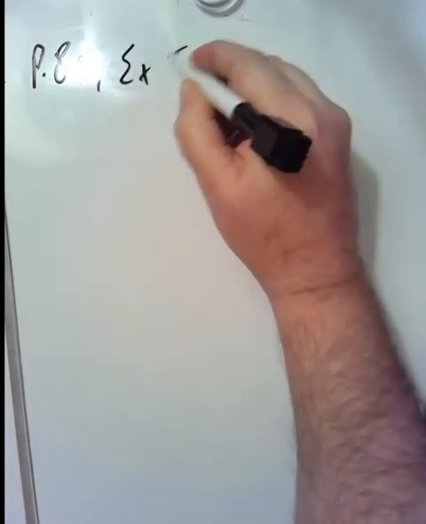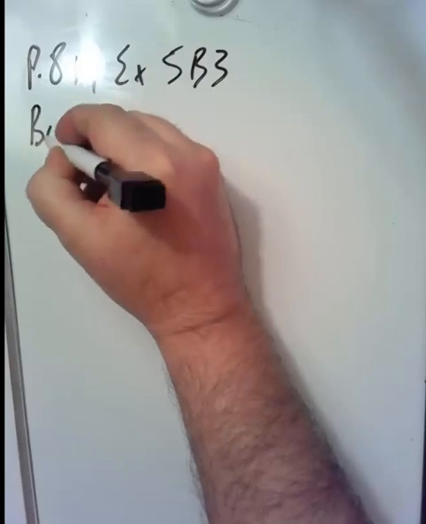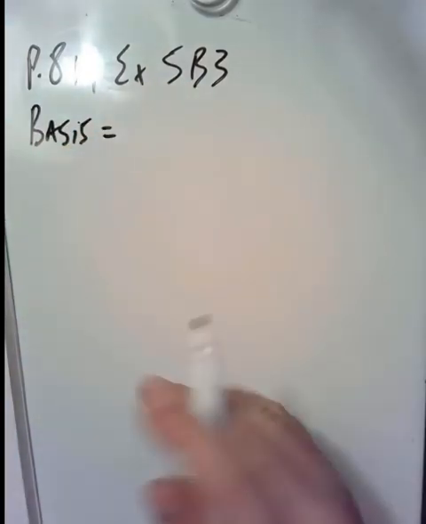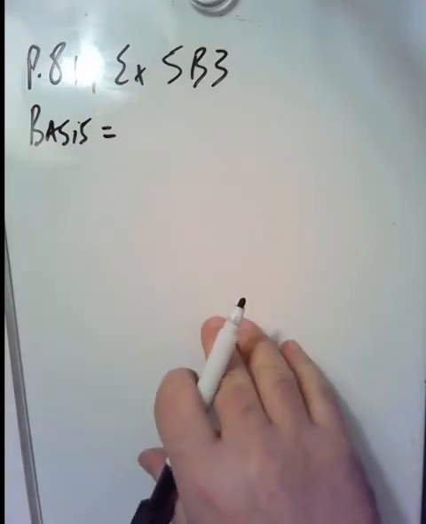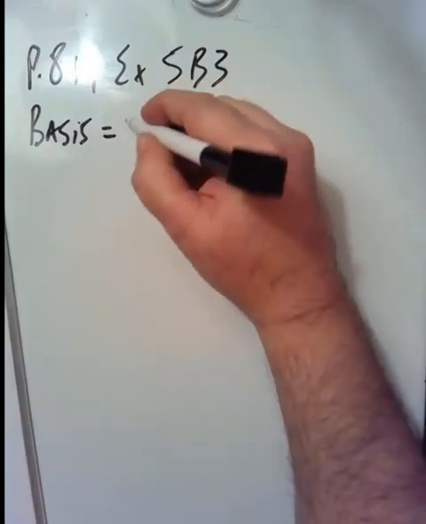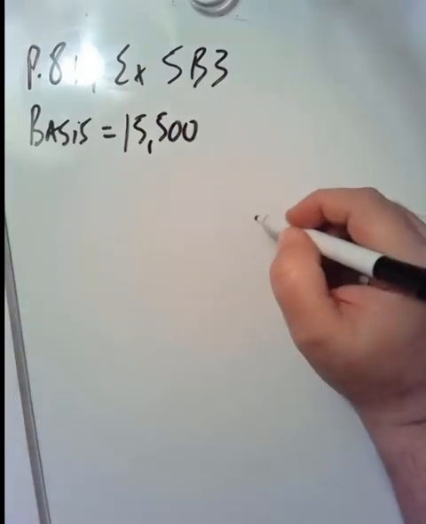exercise 5B3. So it states that for the basis, basically the summation of all the costs of acquiring and make the machine ready for us to use. It cost $15,500 to buy it.